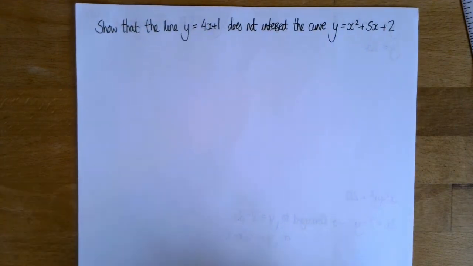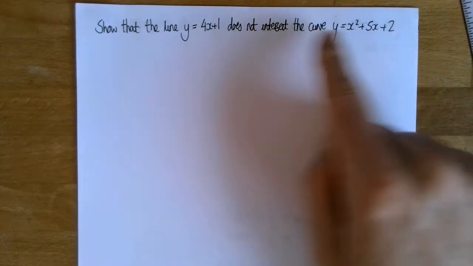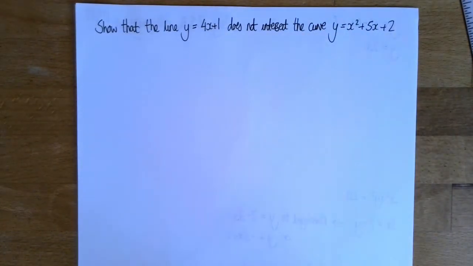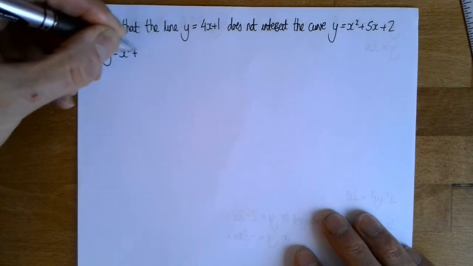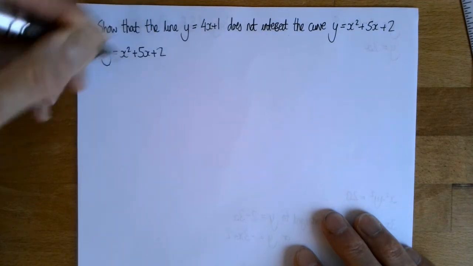Okay, so let's answer a couple of questions that relate to that then. So here we've got another problem, like the one we've just done, but we're not asked to find where the curve and the straight line cross. We're asked to show that they don't cross. So what I'd like you to do is go through the process that we went through with the one I did a moment ago.